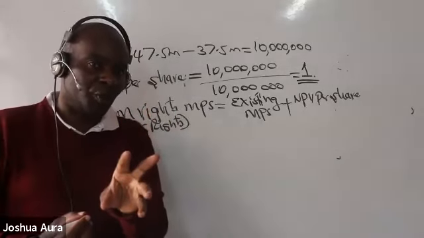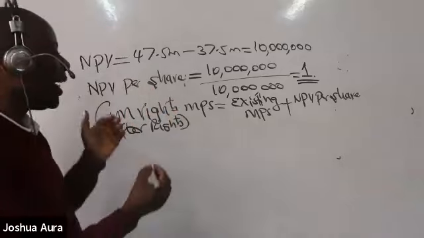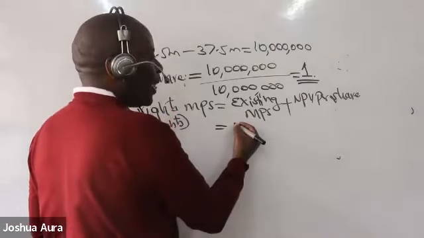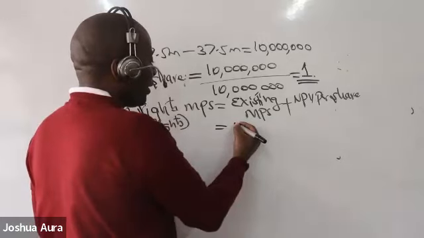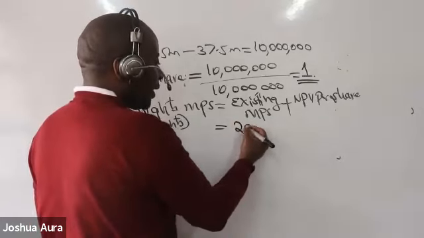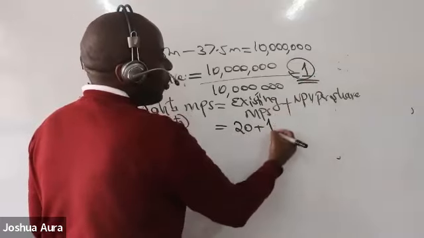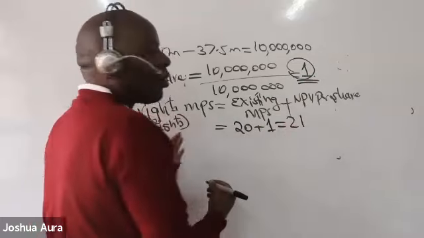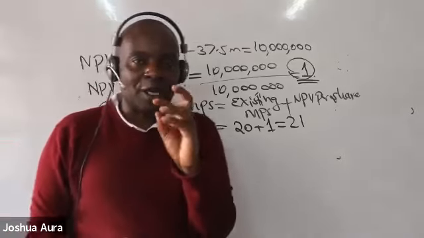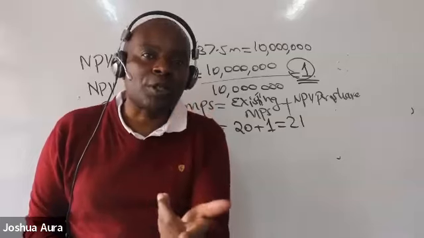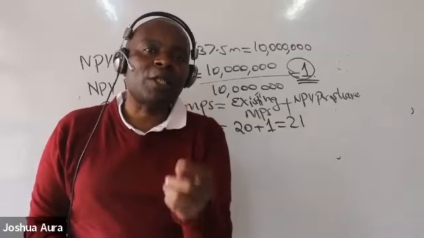So somebody talked to me this morning. What is the existing market price per share? It's 20, isn't it? And this NPV per share that we got here is how much? 1. So when we make the announcement for these rights and the rights issue has come to fruition, our market price per share will grow by 1.